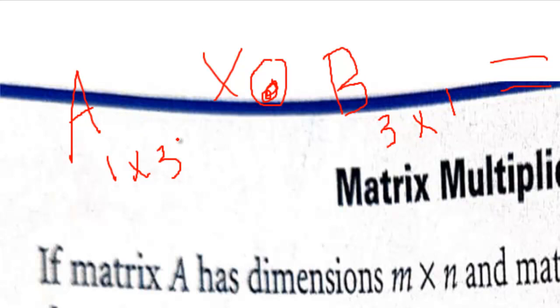The multiplication between matrices can be done when the number of columns of the first matrix equals the number of rows of the second matrix. So if the second number of the first matrix and the first number of the second matrix are equal, the multiplication can be done.